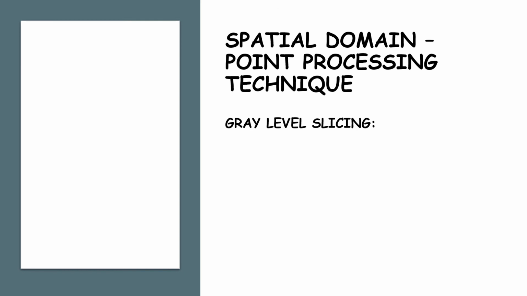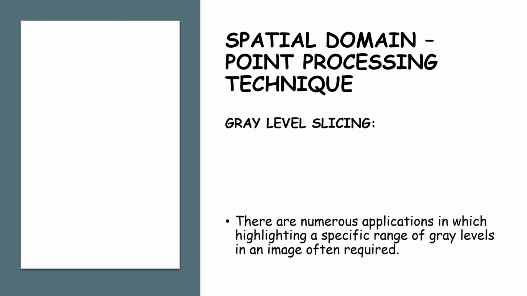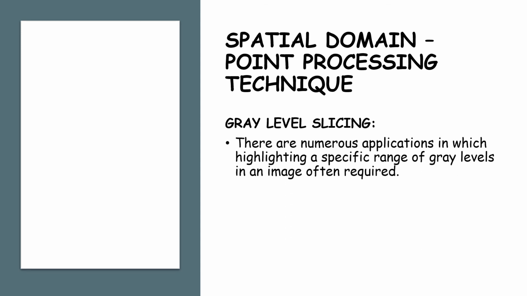Moving on to the next type of point processing, which is gray level slicing, an interesting topic. There are numerous applications in which highlighting a specific range of gray levels in an input image is required. For example, enhancing flaws in X-ray images and enhancing features such as masses of water in satellite imagery.